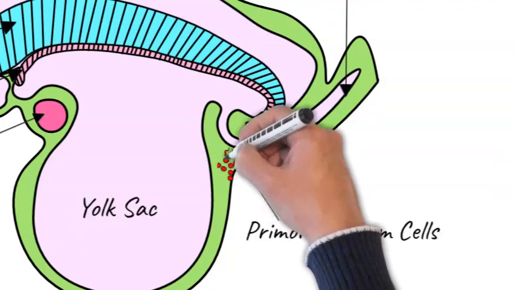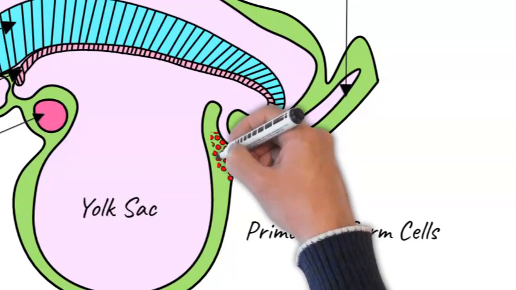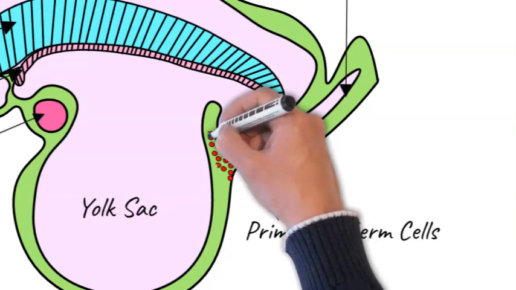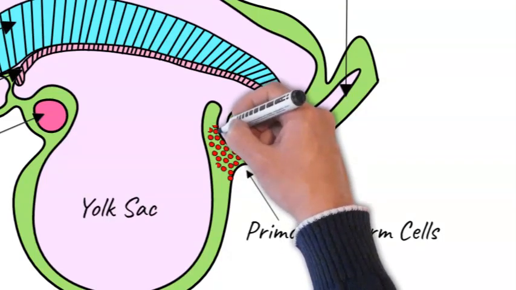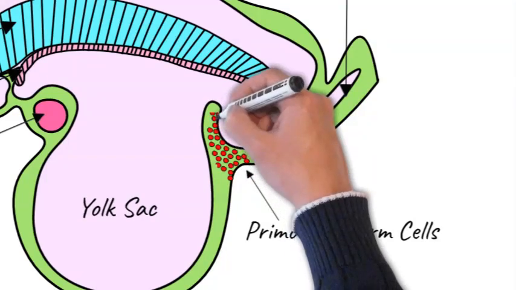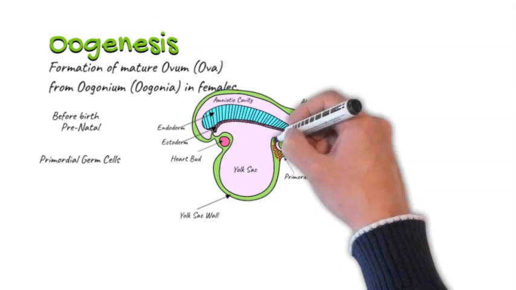Meiosis has not yet started at this point. These primordial germ cells keep on proliferating and migrating from the wall of the yolk sac toward your gonads or ovaries as you are developing. Again, you're 4 weeks inside your mother's womb. You still kind of look like a lizard.